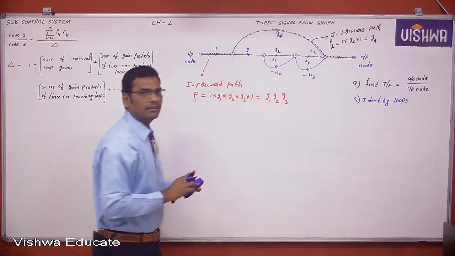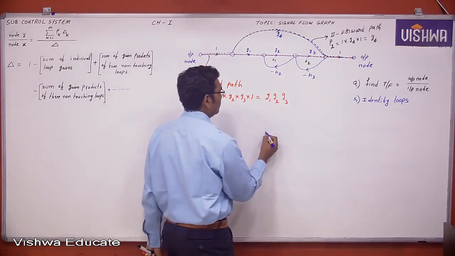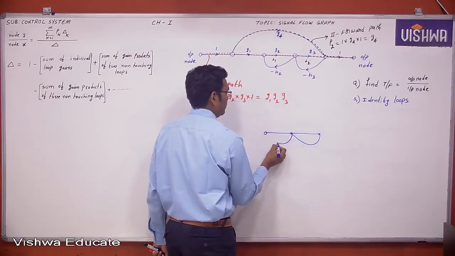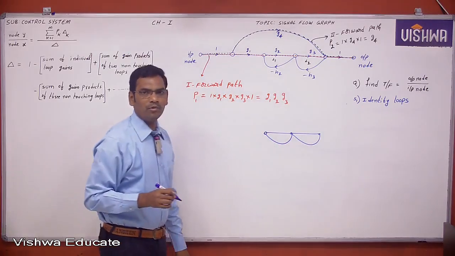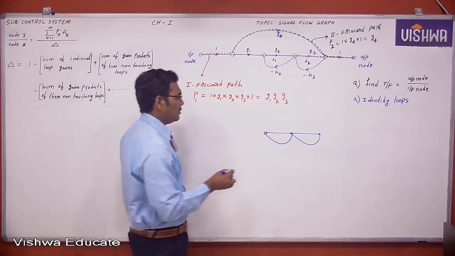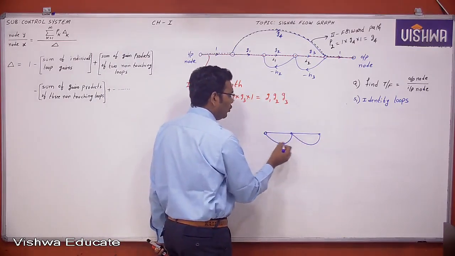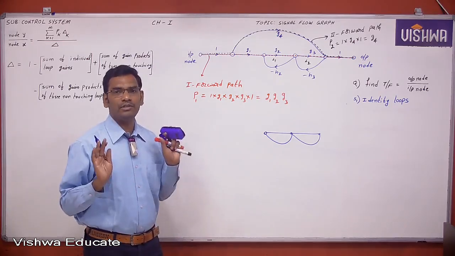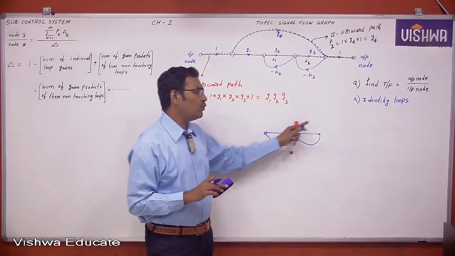And one more thing, students are thinking that, sir, this is one loop. So your big loop should not be a combination of two individual loops. Okay, so this is one big loop, we call it.